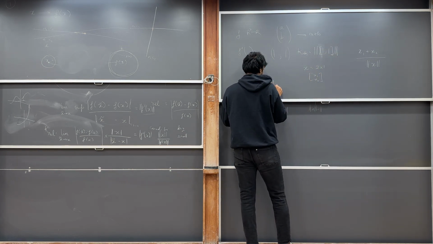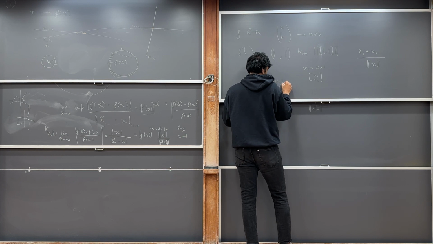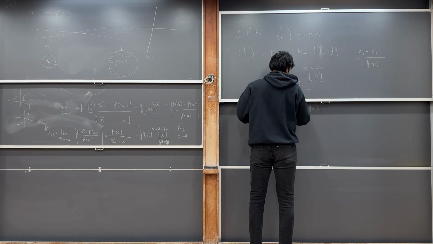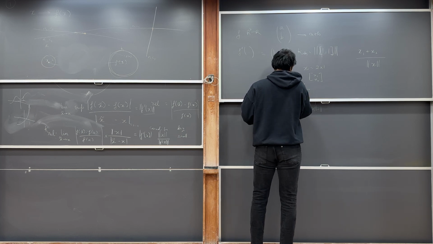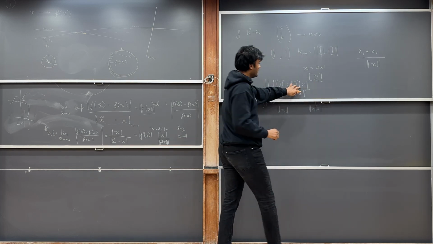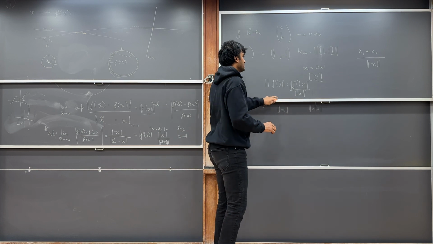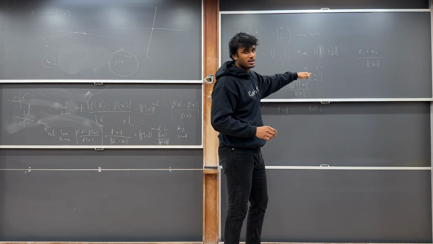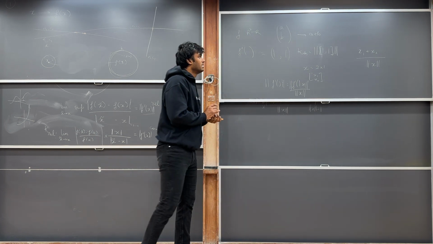So norm of f prime is equal to the norm of f prime times x divided by the norm of x, right? And f prime times x will be just x1 plus x2. That's what it is over there.